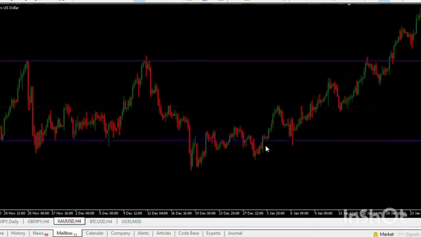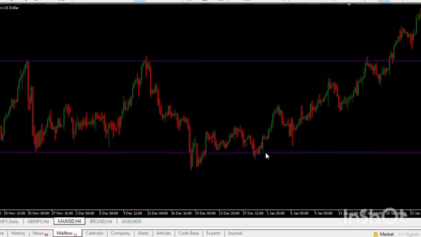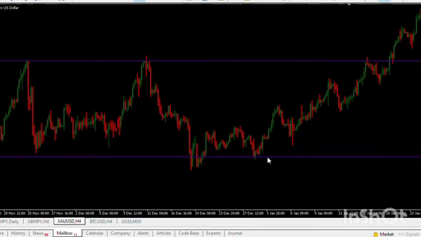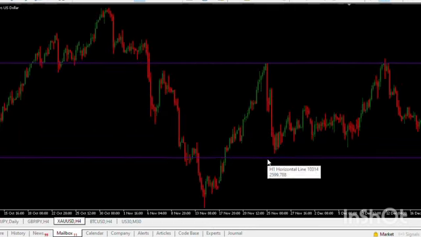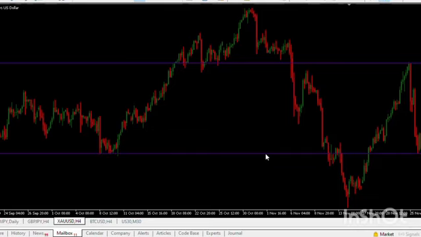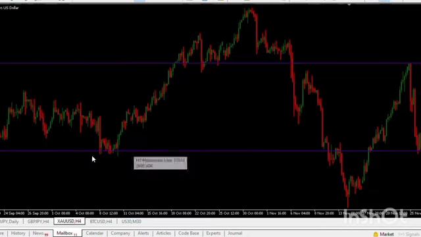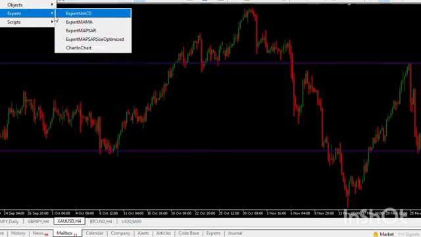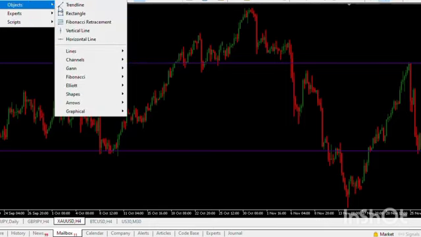Maybe in the next video I will take my time to really talk about top-down analysis. So like you see these very points, we can refer to this point as what? As our demand zone.